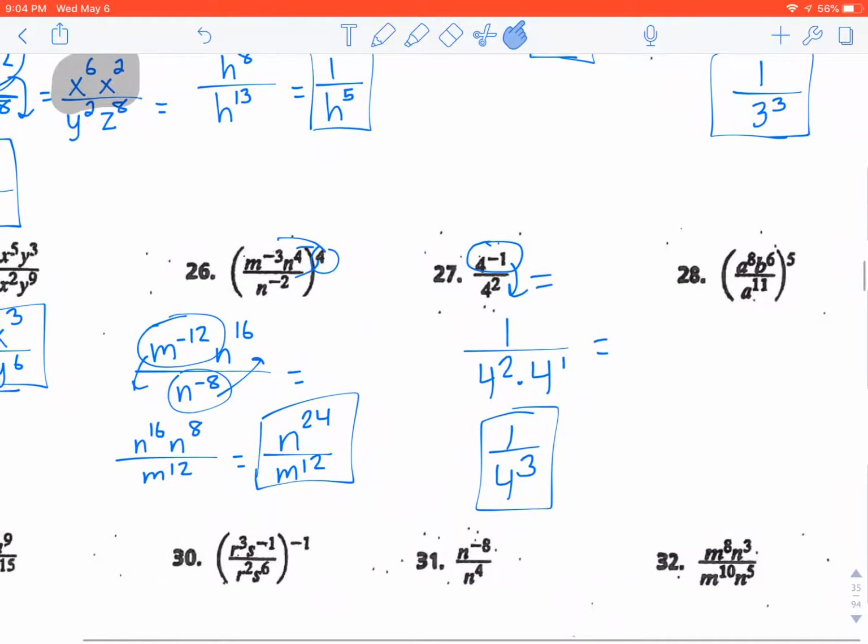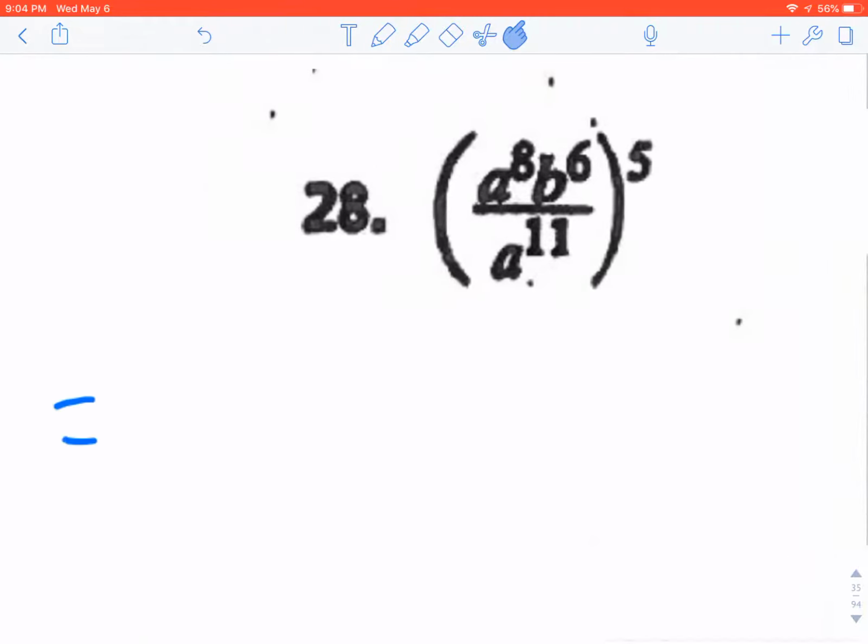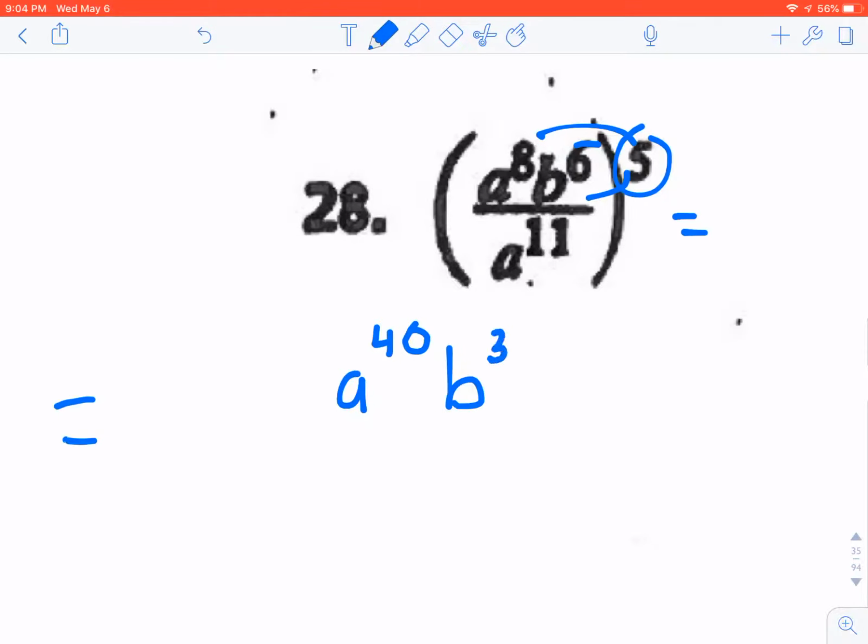Okay, number 28. Your first step is multiply this 5 through. So you have a to the 40th, b to the 30th, over a to the 11.